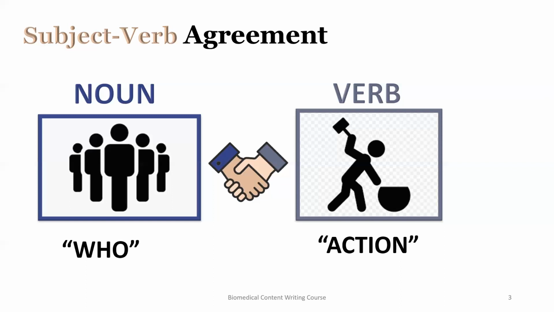Now, these two must be in agreement with each other. Who is doing the action and what the action is, both words should have agreement with each other so that no confusion arises when the reader reads your sentence.